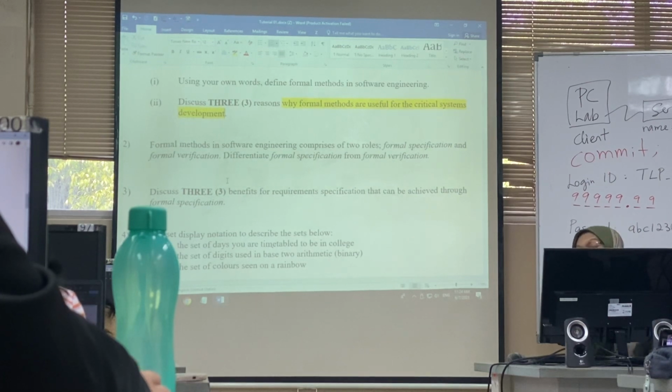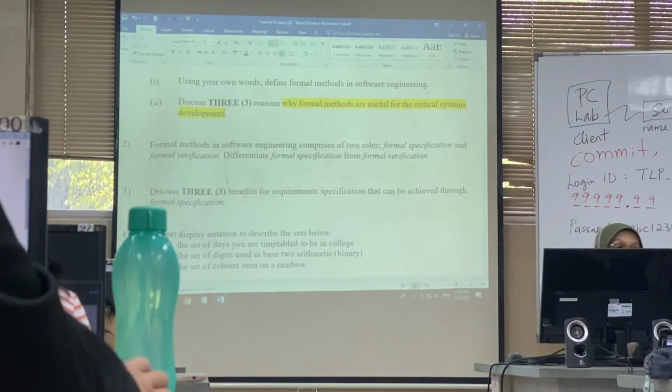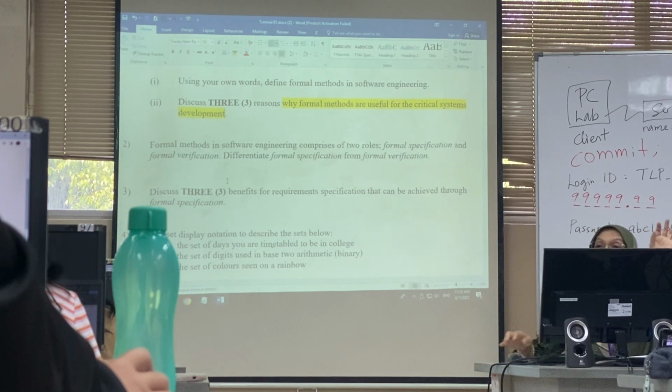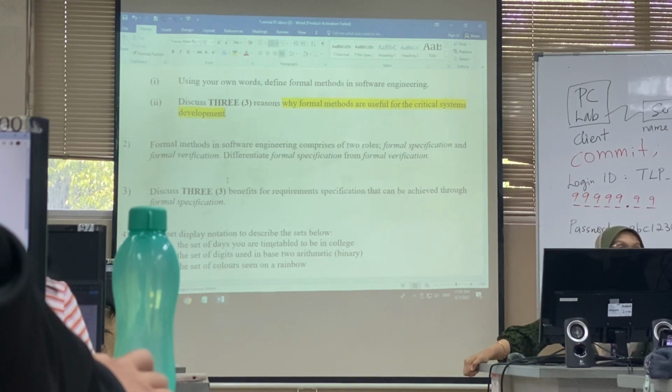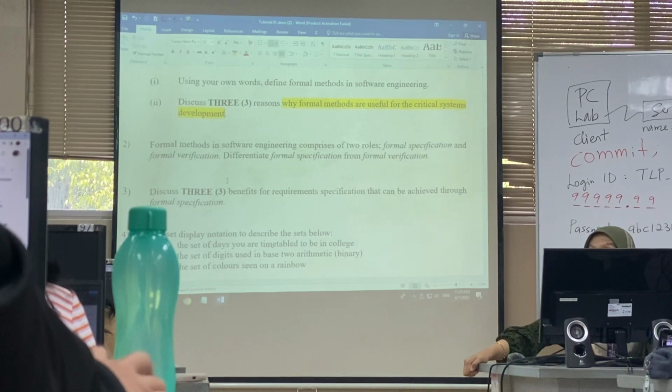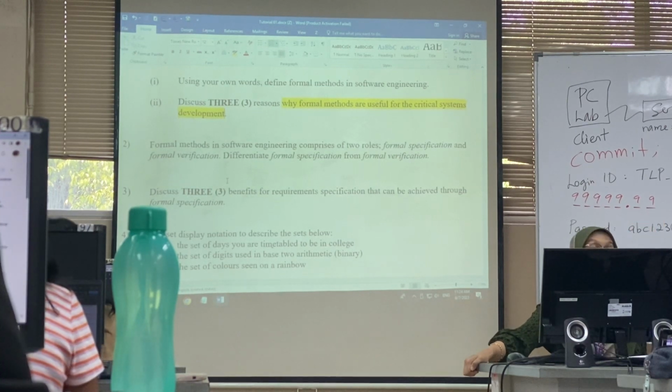That is what we call a critical system, something that might affect human life. So earlier error detection is one of the usefulness of the formal method, because we try to avoid this kind of problem.